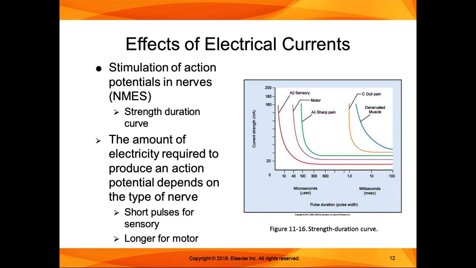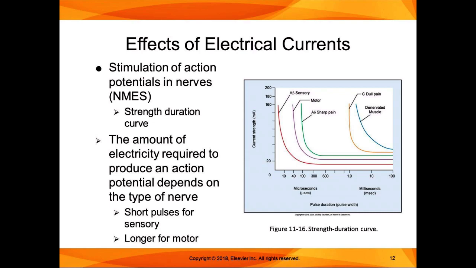So sensory nerves require shorter pulses, and motor nerves require longer pulses. And then you see the pain nerves require even longer pulses. So basically, the speed by which the nerve impulse travels down depends on the amount of myelination on the nerve.